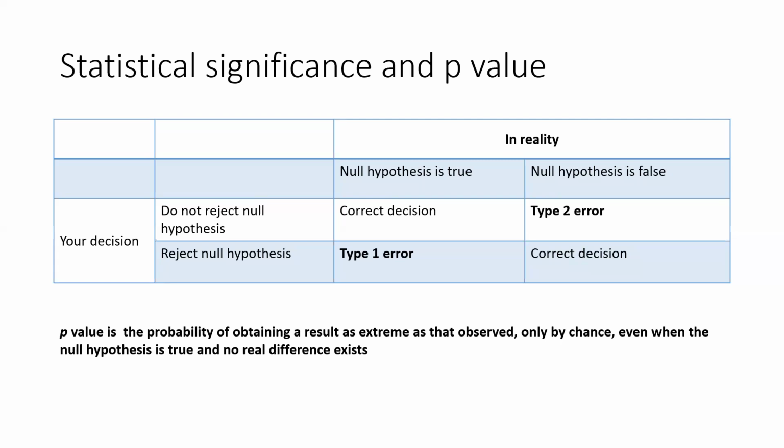So what can you say about your conclusion? The probability of doing this error is less than 0.05. Will your conclusion be a true one or a false one?